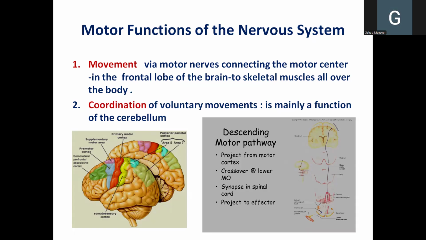And then, of course, you have the motor association area, which is responsible for coordination of voluntary motor action. And these are the descending motor pathways. As you can see, they descend from the frontal cortex, from the premotor cortex, descend through the internal capsule, and then they decussate at the level of the medulla.